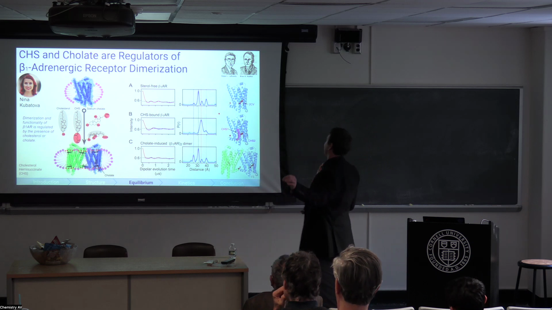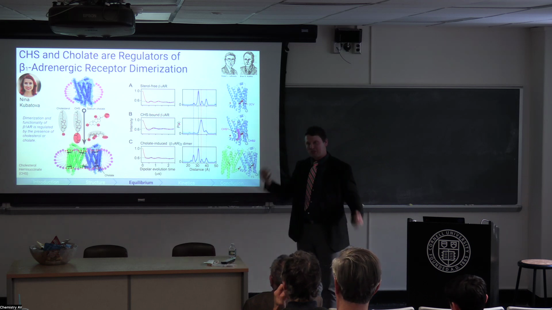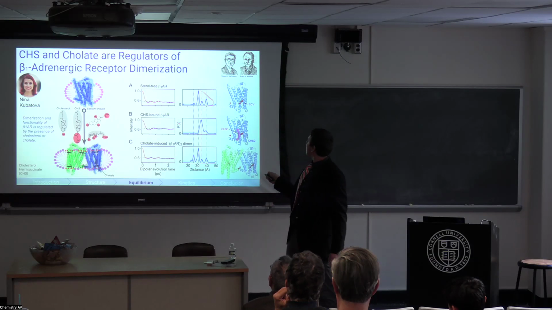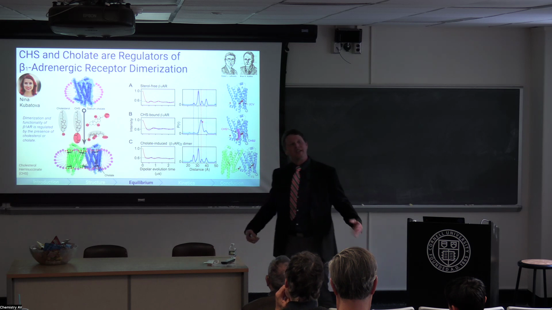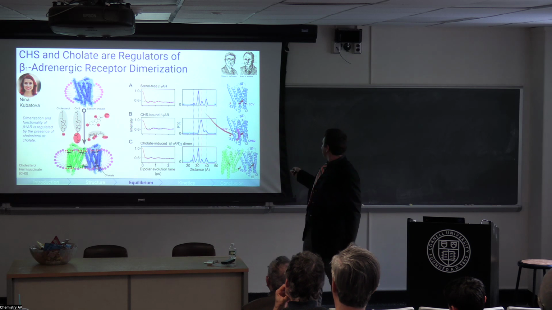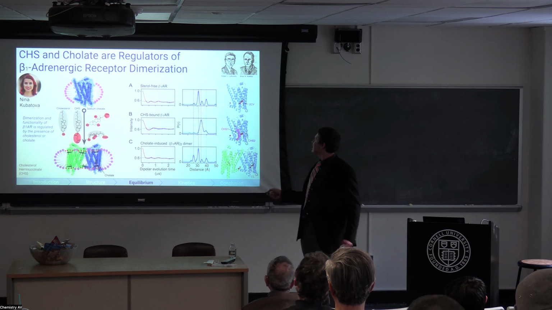Subsequently, we add cholesterol, or CHS, which is a mimic of cholesterol. And upon doing so, you will see that those 3 distances actually collapse into 2 distances. It's because they actually bind. There's a binding event where the beta-1 adrenergic receptor is present and we have CHS bound.